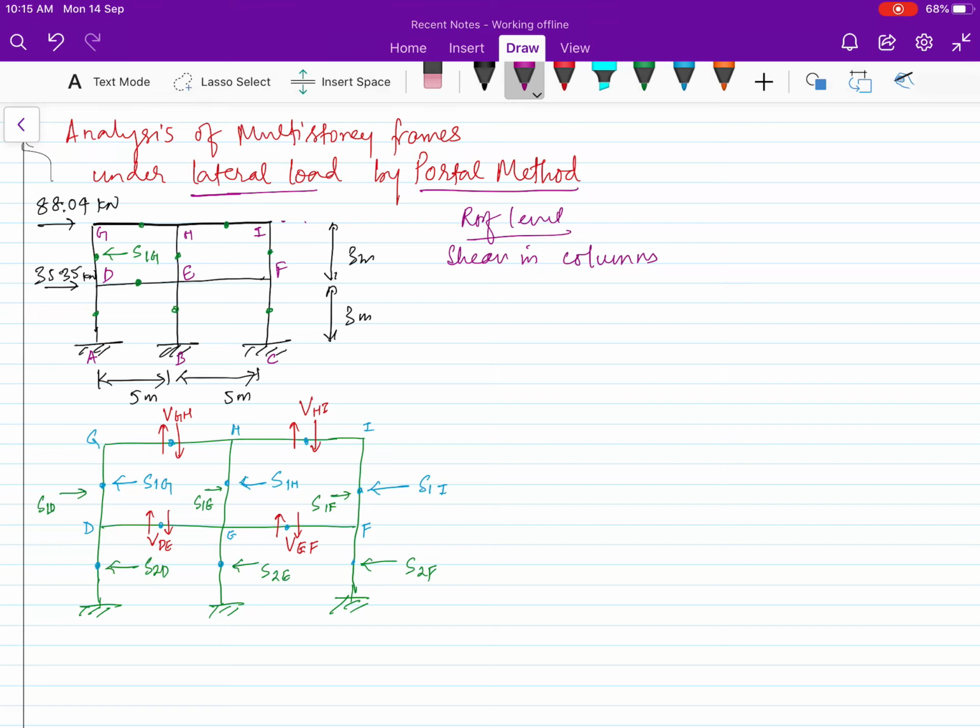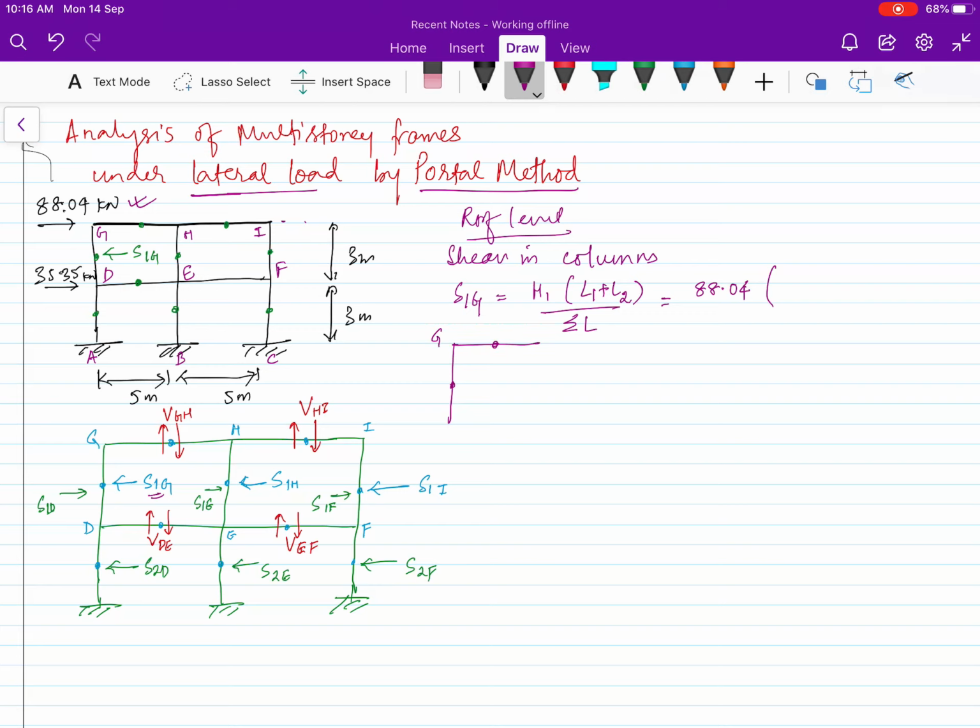For calculating S1G, the formula is the horizontal force H1, which is 88.04, into L1 and L2, meaning the lengths of the members touching that point G, divided by the summation of L. So here for S1G the horizontal force is 88.04, the force coming at the roof level, into length L1.